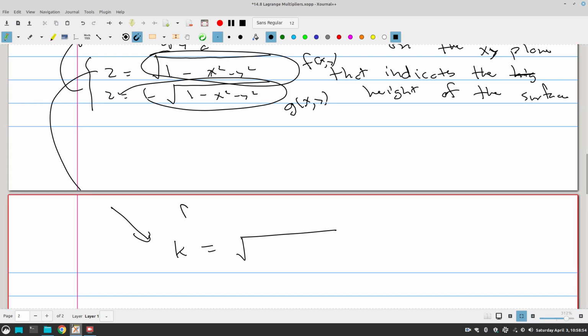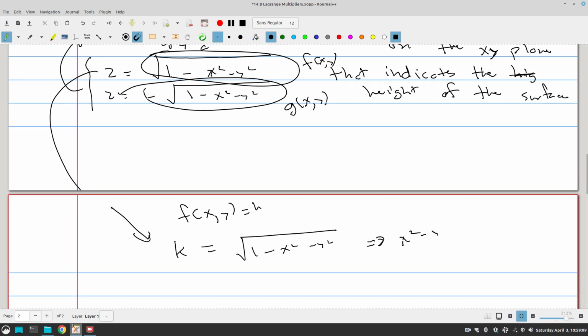So, if f(x, y) equals k, then k equals the square root of 1 minus x squared minus y squared, or k squared equals 1 minus x squared minus y squared.